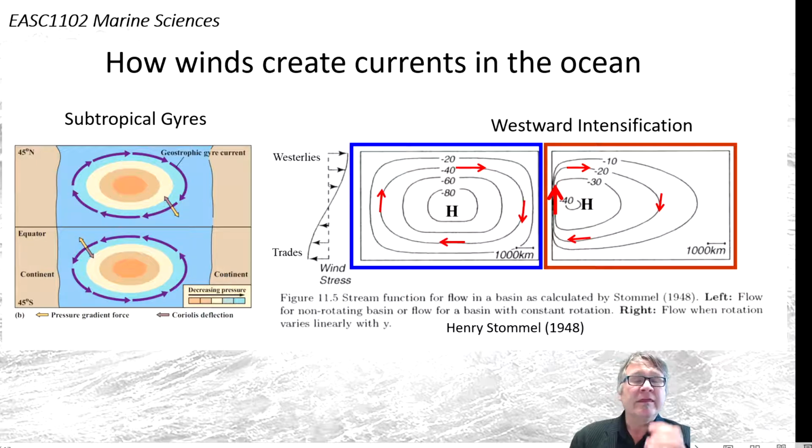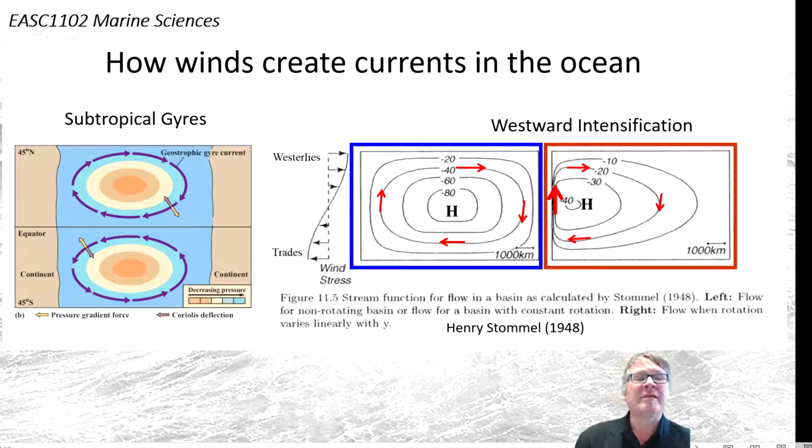And the reason why you get these currents is that the Coriolis force, or the Coriolis parameter to be more precise, is not the same everywhere. It is negative in the southern hemisphere, positive in the northern hemisphere, and it changes. It increases from the South Pole to the North Pole, and this is what we call the beta effect.